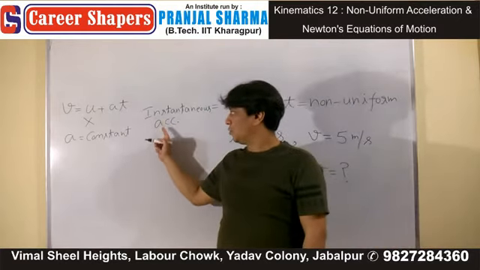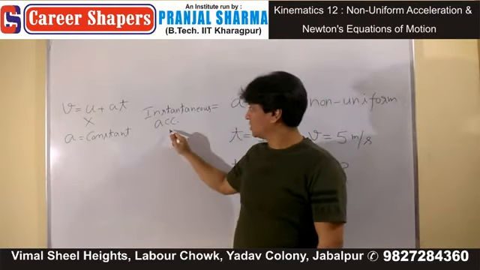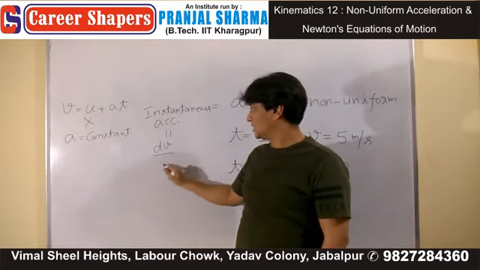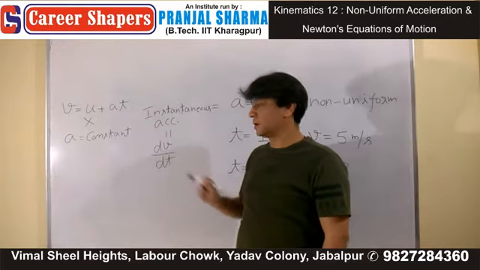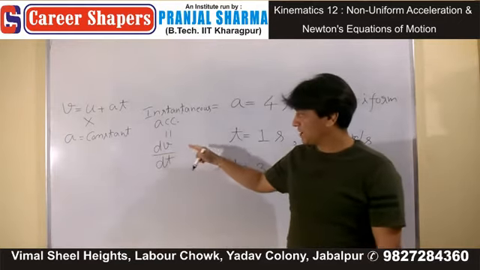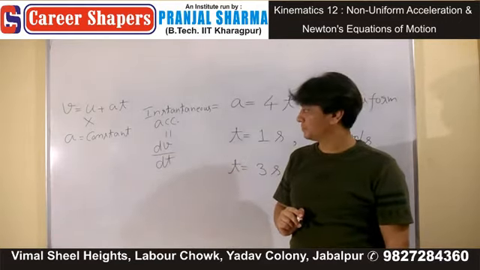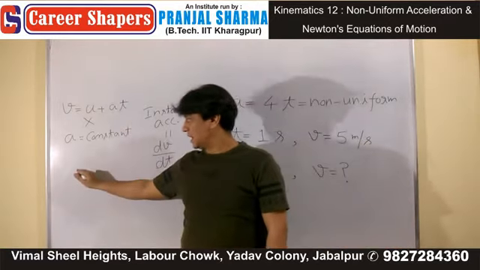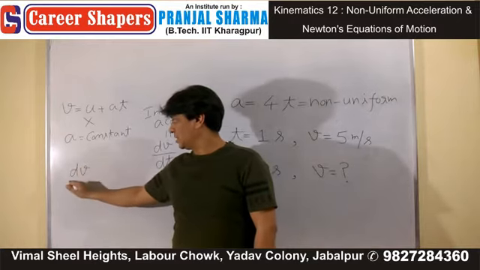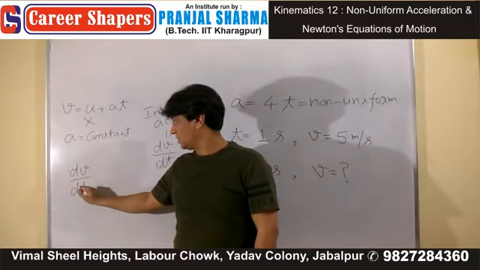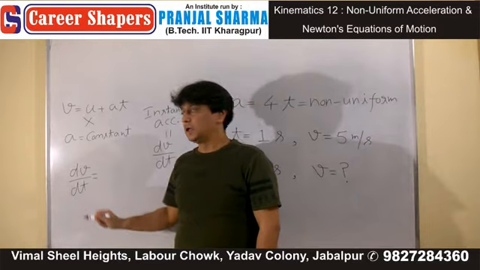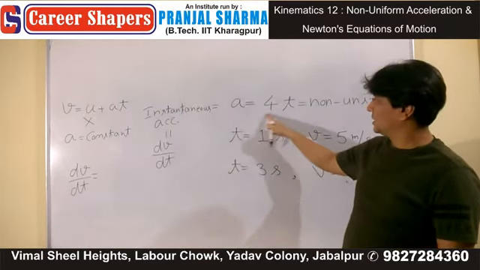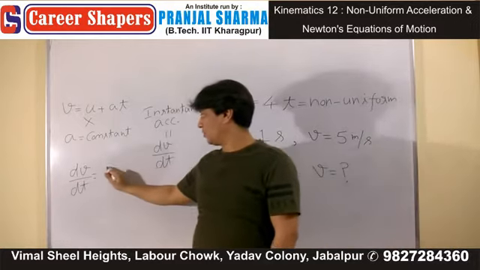Now, what is instantaneous acceleration? Instantaneous acceleration is dv upon dt. We have seen this part. So dv upon dt is 4t.